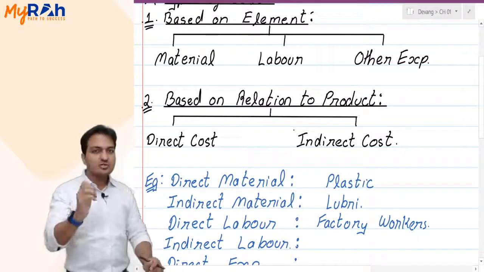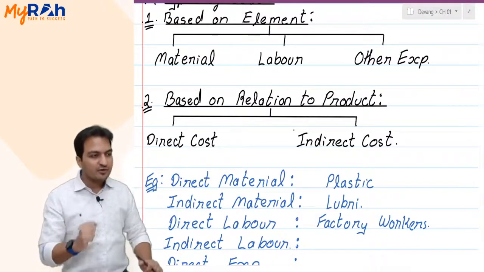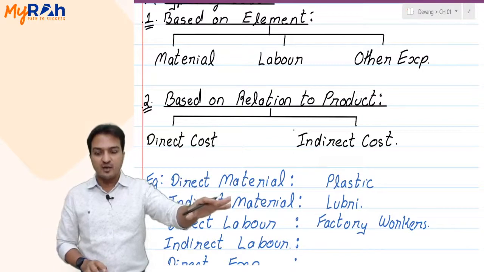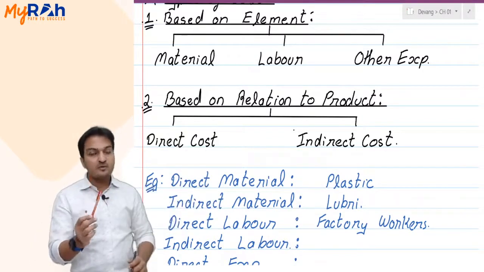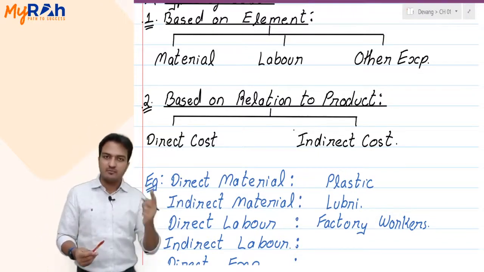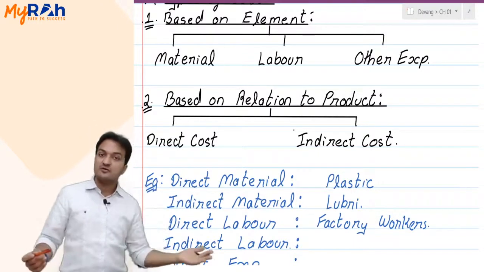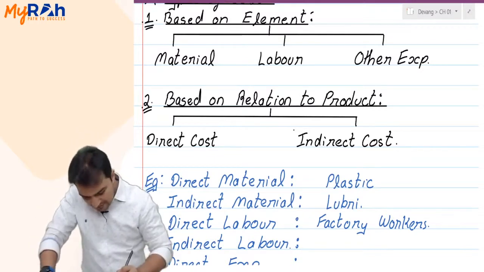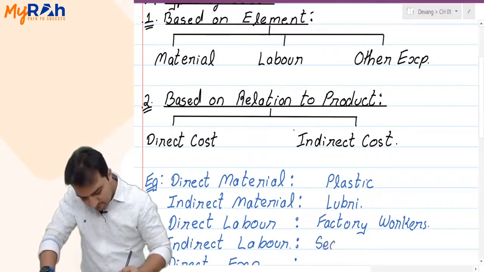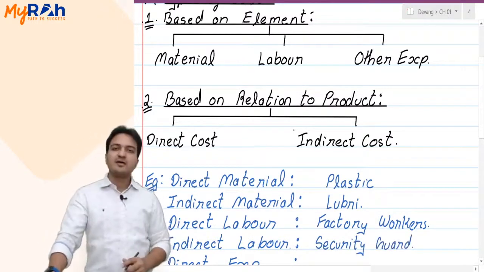Say for example, a security guard. I have a security guard at my factory gate. Does that security guard directly make my product here? No. But that security guard is securing the premises in which other workers are making this product. So the salary paid to that security guard will become my indirect labor.